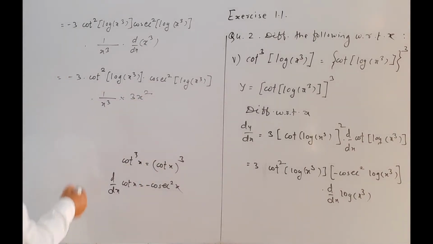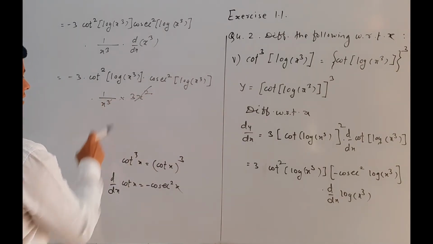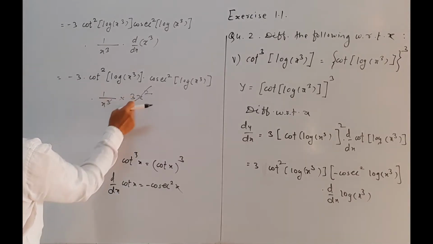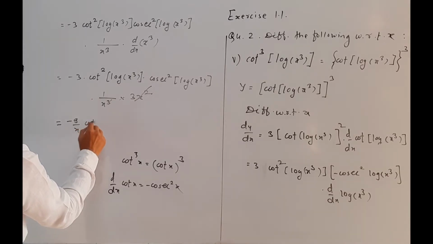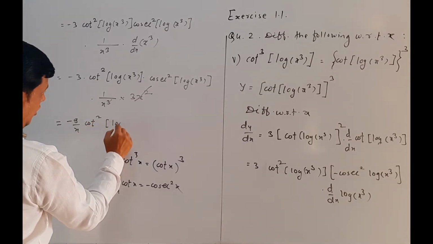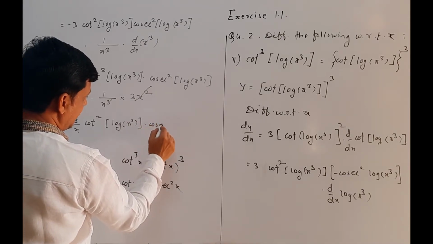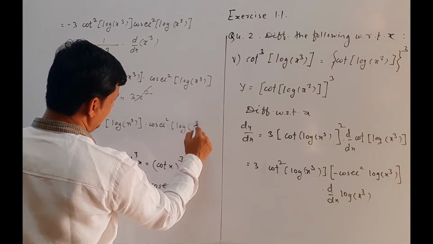So in the next step we cancel this x square with the x cube. So remaining is x. So 3 into 3 is 9. We write here minus 9 by x cot square log of x cube into cosec square log of x cube.